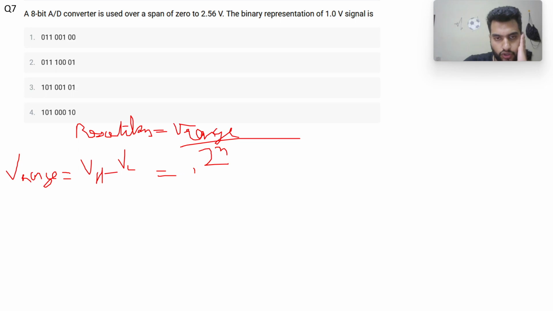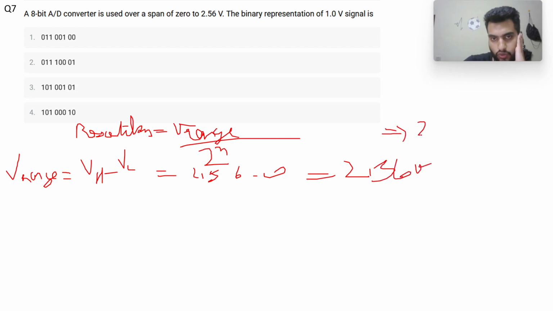V high is 2.56 and V low is 0, so your range is 2.56 volt. That implies your resolution is equal to 2.56 by 2 raised to the power 8, that is 2.56 by 256. So your resolution is equal to 0.01 volt.